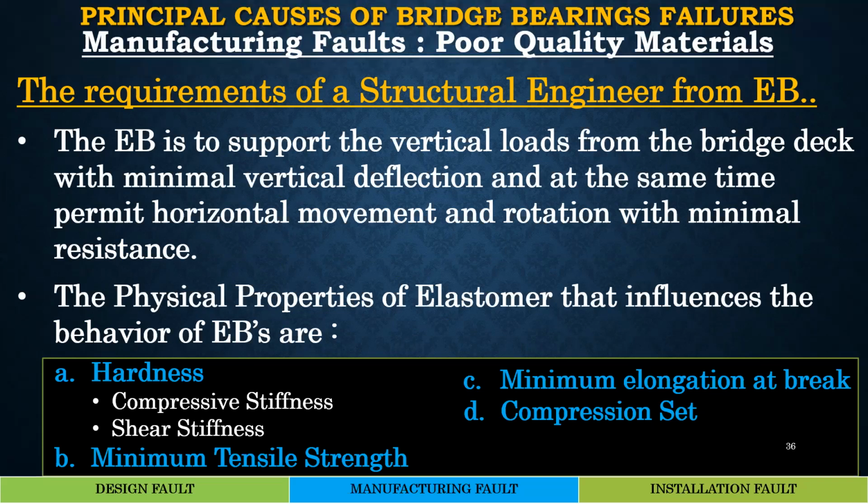When you are selecting a raw material, inspecting the quality assurance or factory production control, or accepting the bearing, a little bit of knowledge about the technology of rubber and composition helps a great deal.